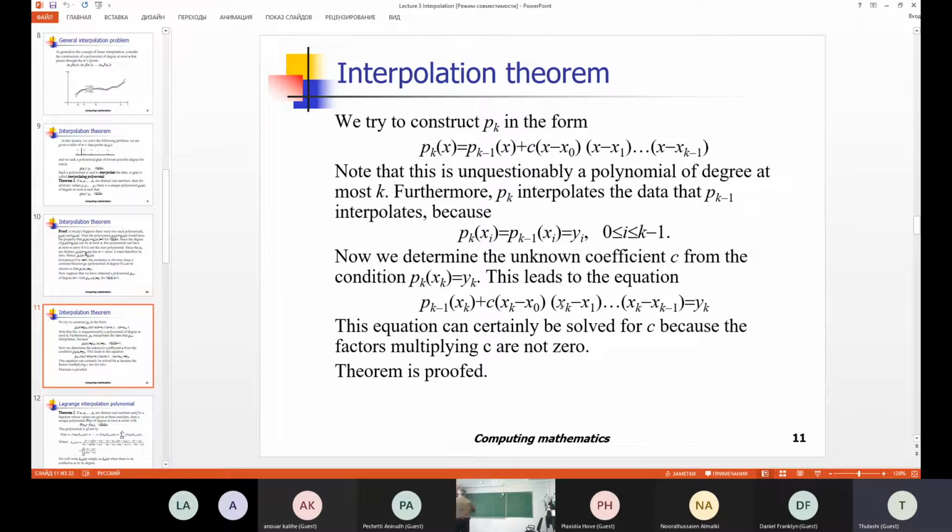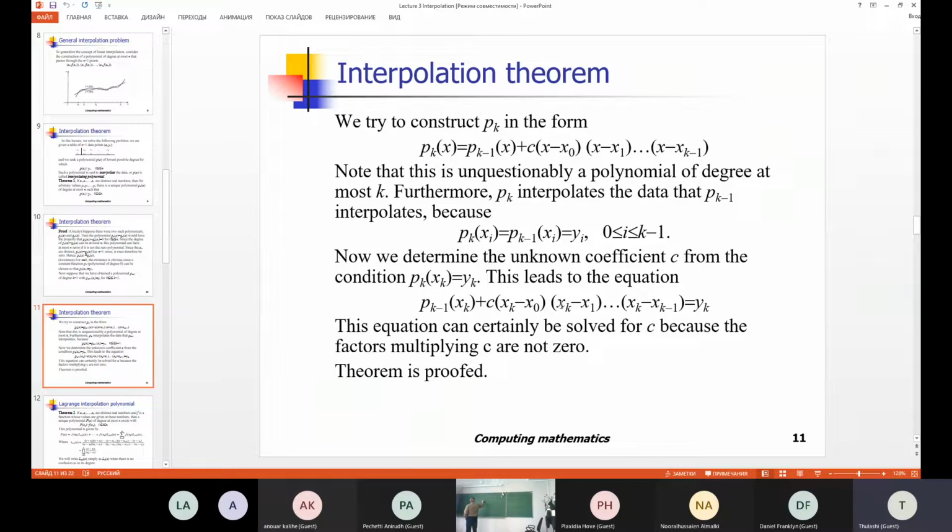If we substitute here any point from x0 to x_{k-1}, what can we say about this term? For example, let me take x1.